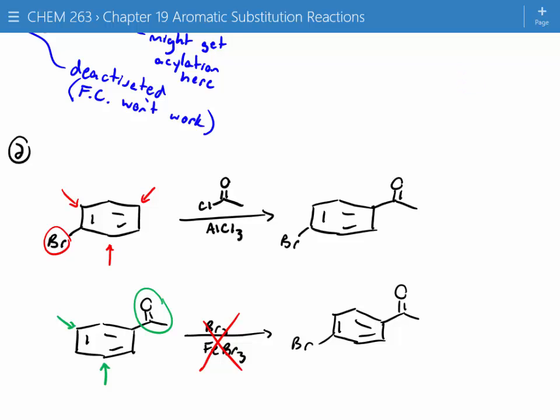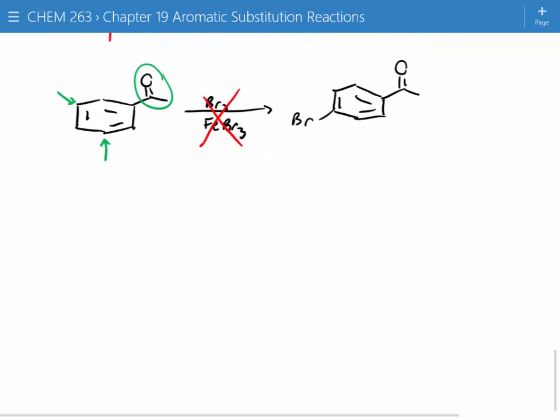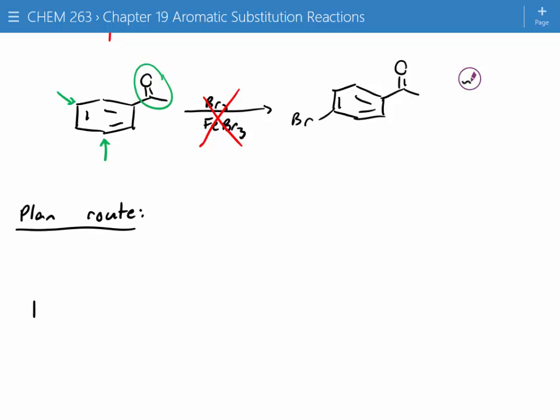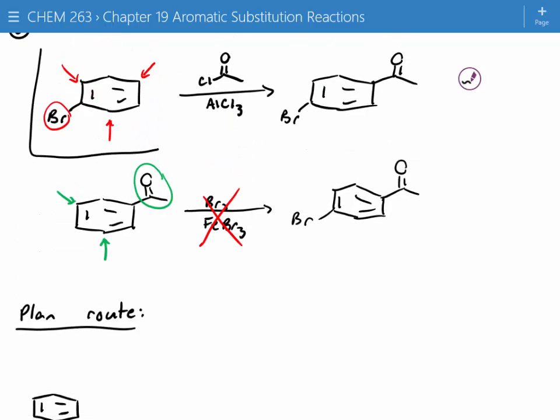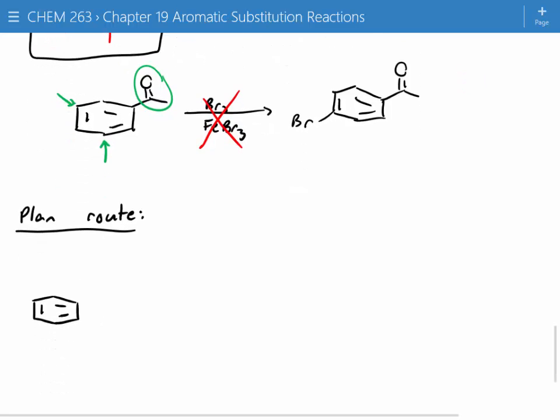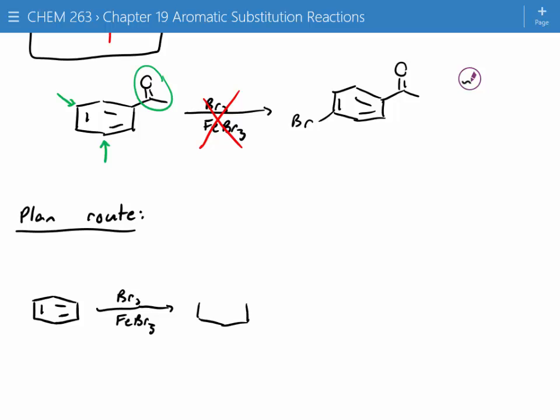All right. So now if we go through, we can plan our synthesis. We know we're going to start with benzene. We need to make bromobenzene first. So we can do Br2 and iron tribromide. Install a bromine on there.